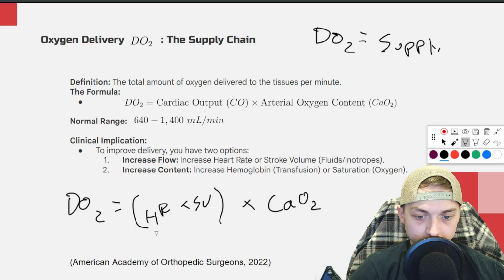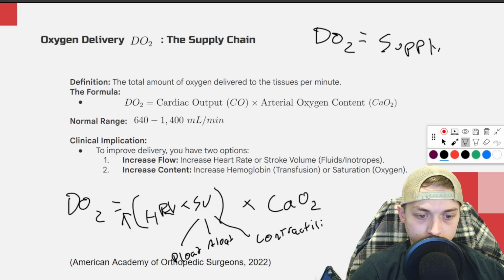We already know that we can alter the rate, so we can raise the rate or we can lower the rate. And we got preload, afterload, contractility. Remember, if we want to increase our preload, we can give them fluids. If we wanted to decrease it, we could give them diuretics.